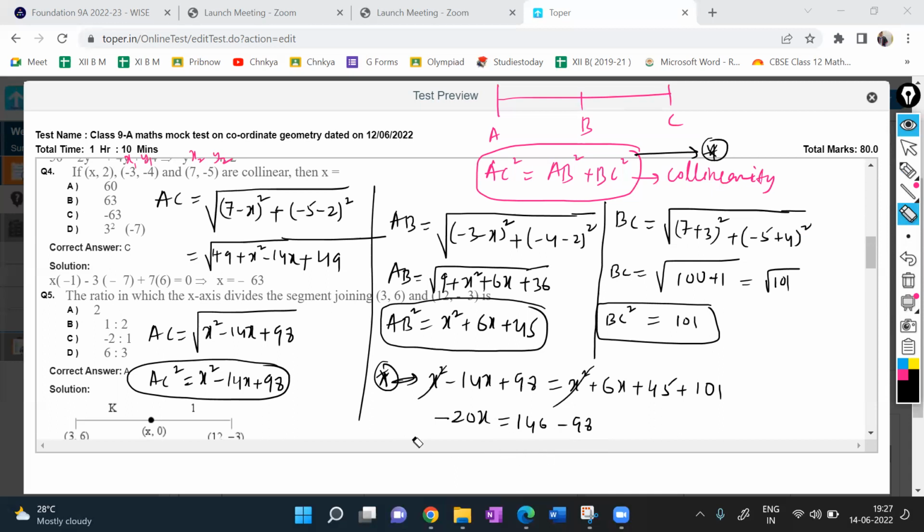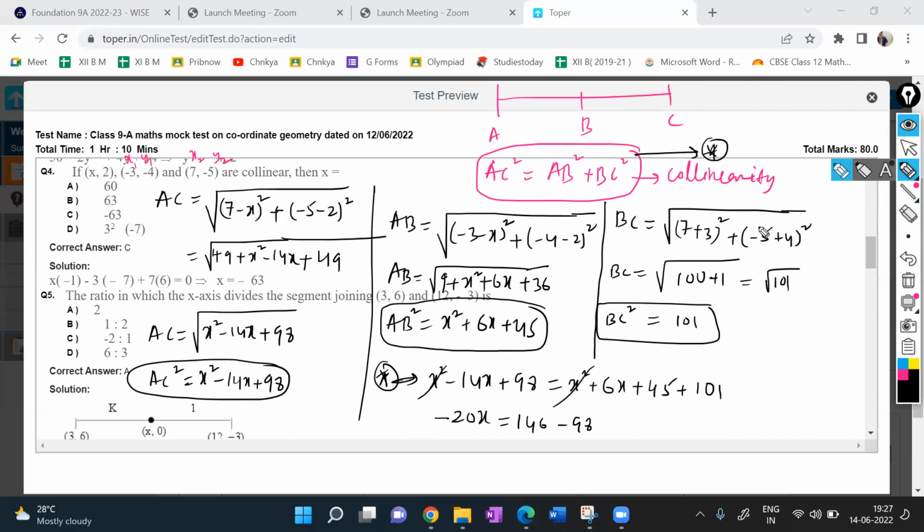Where did we make a calculation mistake? Check. Somewhere we made a plus minus mistake. Once again, let me scan again. AC is what? 7 minus x whole square minus 5 minus 2 whole square. A square plus b square minus 3b plus 49. AC is right.